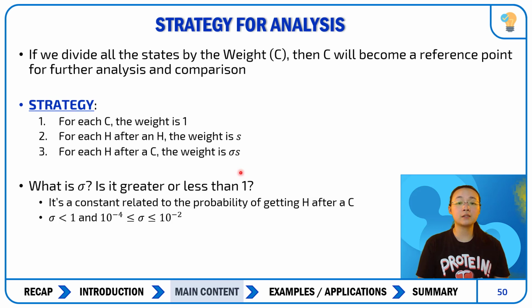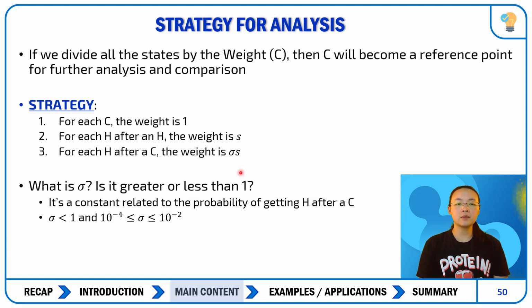But are the chances of getting an H after a C greater or less than the chances of getting an H after an H? We've shown previously that it's easier to get a helix state immediately after an existing helix state. So that means the chances of H after C will be much, much lower because that's considered the first hydrogen bond, which is the hardest one to make.